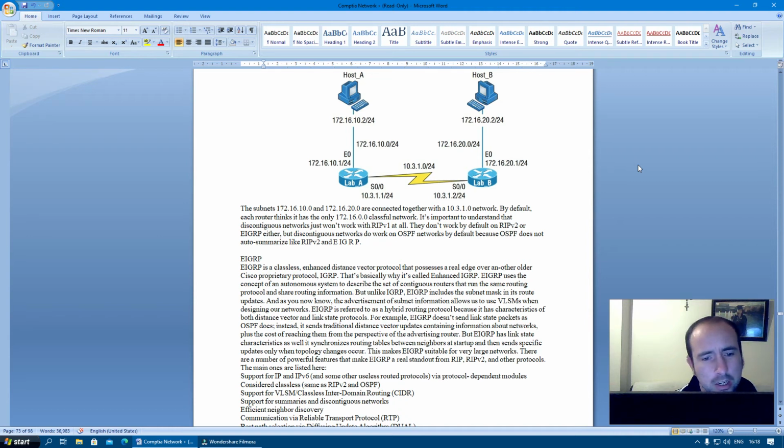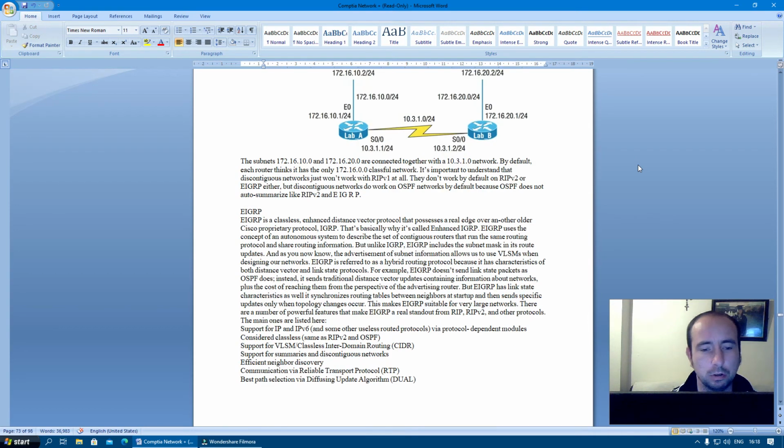By default, each router thinks it has only the 172.16.0.0 classful network. It's important to understand that discontiguous networks just won't work with Routing Information Protocol version 1 at all. They won't work by default on Routing Information Protocol version 2 or Enhanced Interior Gateway Routing Protocol either, but discontiguous networks do work on OSPF networks by default because OSPF does not auto-summarize like Routing Information Protocol version 2 or Enhanced Interior Gateway Routing Protocol.